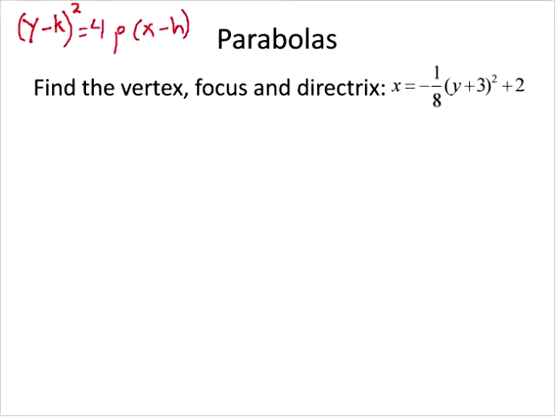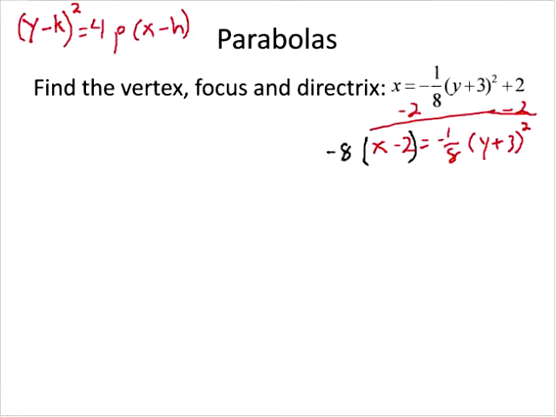So the first thing I'm going to do is subtract 2 from both sides. So x minus 2 is equal to negative 1/8 times (y plus 3) squared. The next thing I will do is multiply both sides by negative 8.